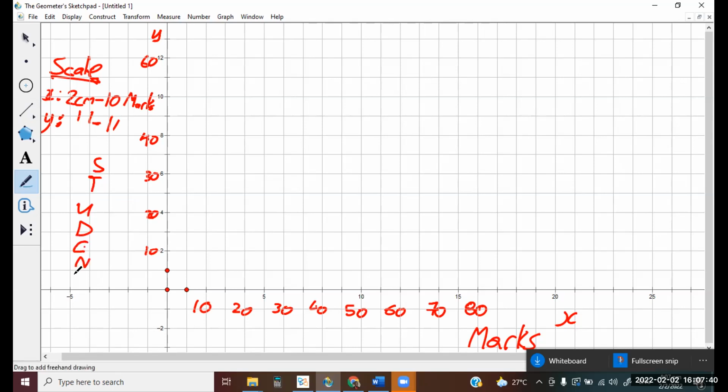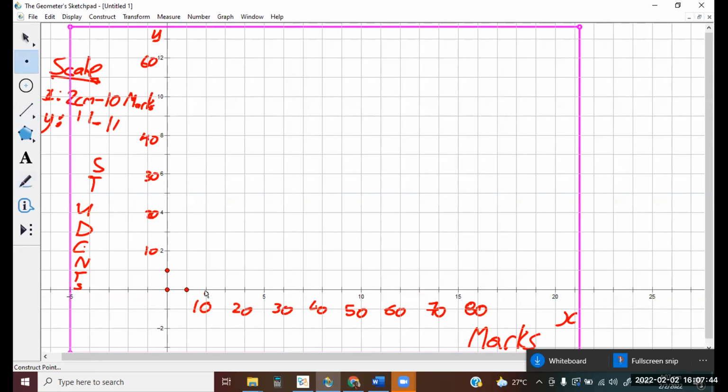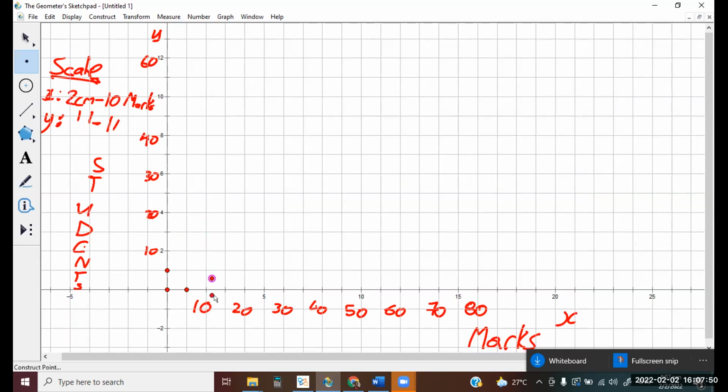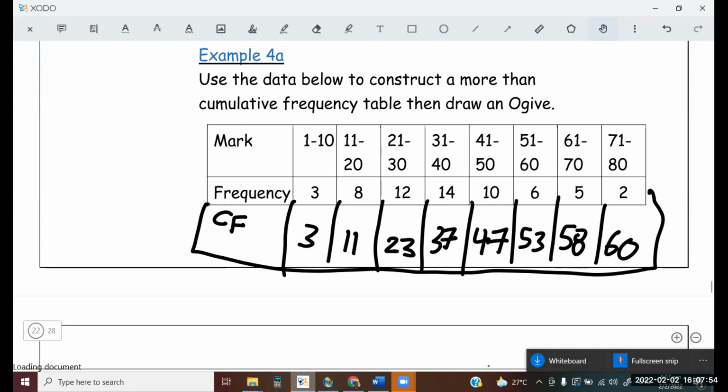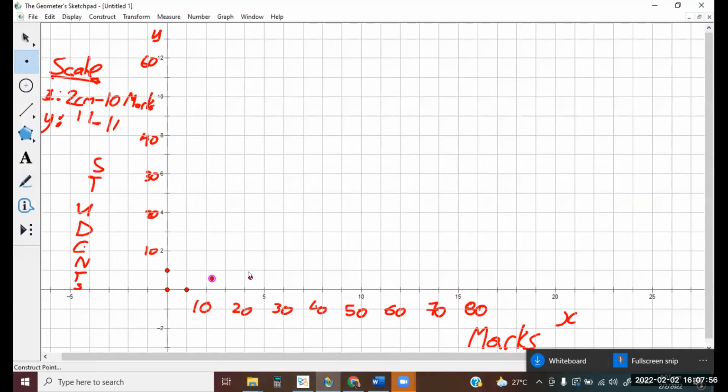So we'll label our X and Y axis. All right, so 10.5, 3. 3 would be somewhere here. All right, then you go 20.5 to 11. 20.5 to 11, somewhere here.